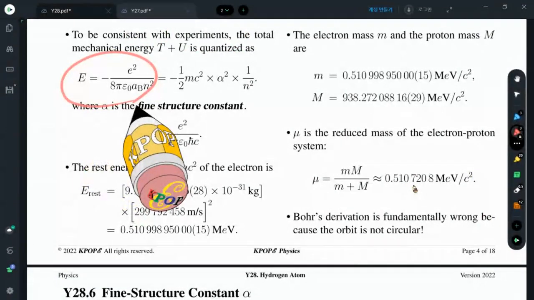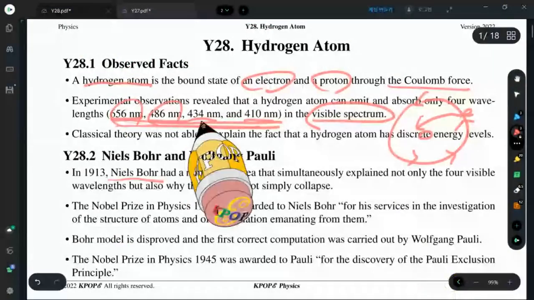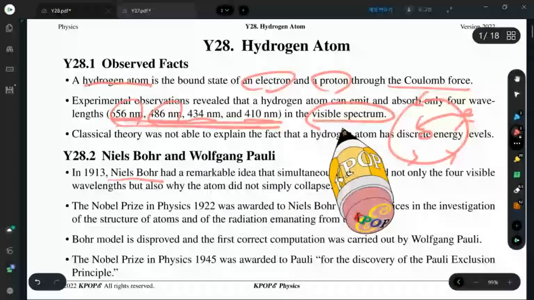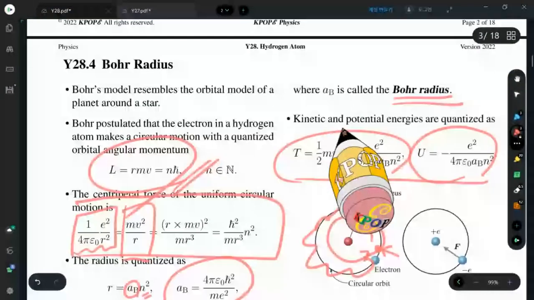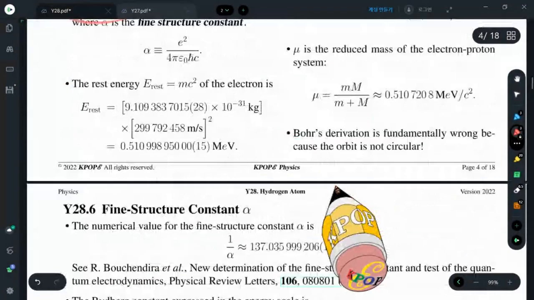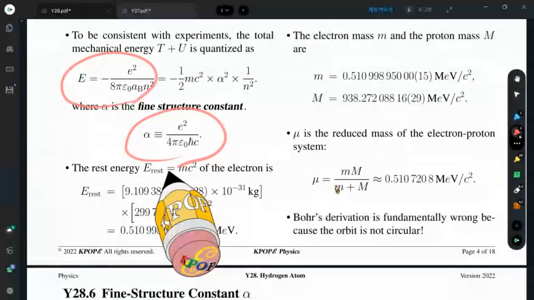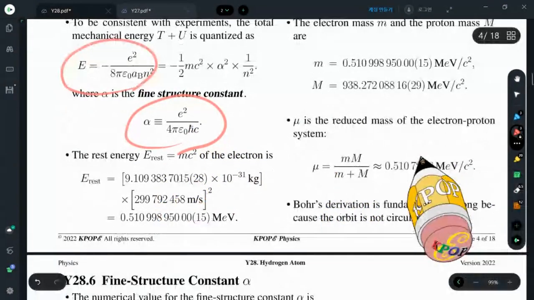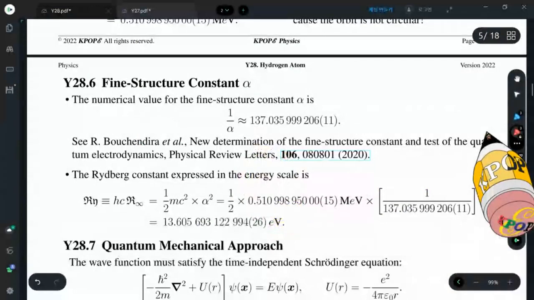That exactly matches the line spectrum of the hydrogen atom. And this is called the fine structure constant. It's a pure number. It is approximately 1 over 137.